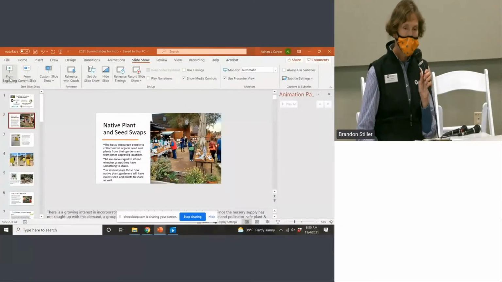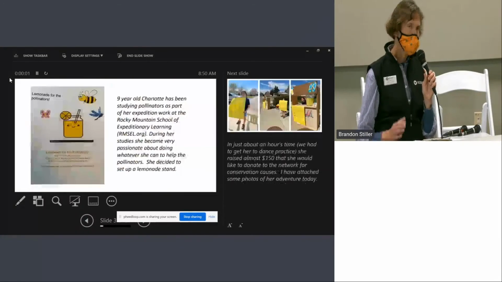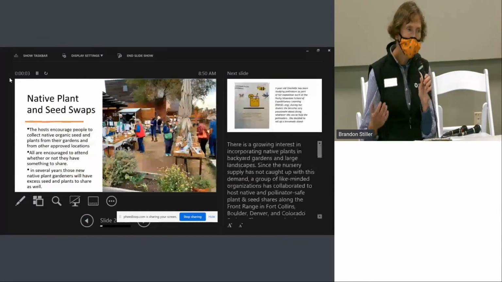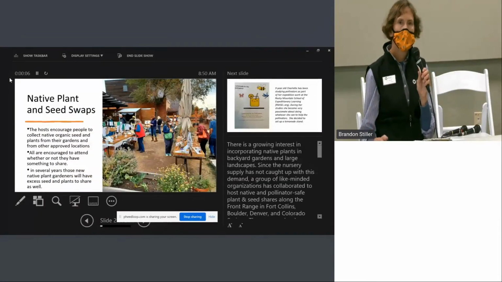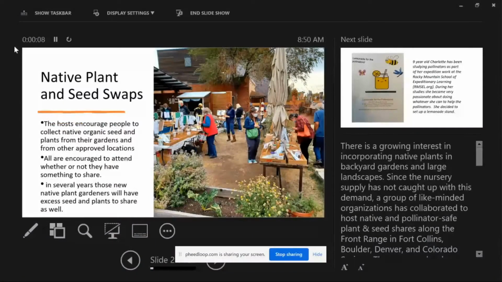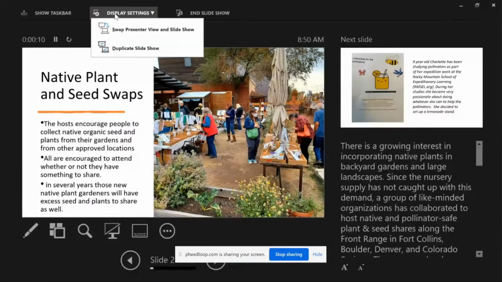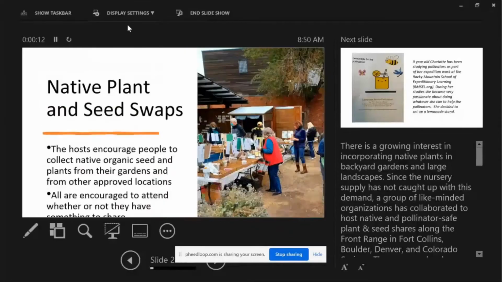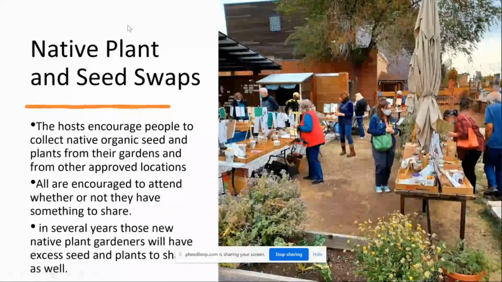The next example is native plants and seed swaps. Native plants are one of the limiting factors when it comes to having pollinator habitat, and so many people have started to organize native plant and seed swaps. There was one recently in the Colorado Springs area that drew dozens of participating organizations.